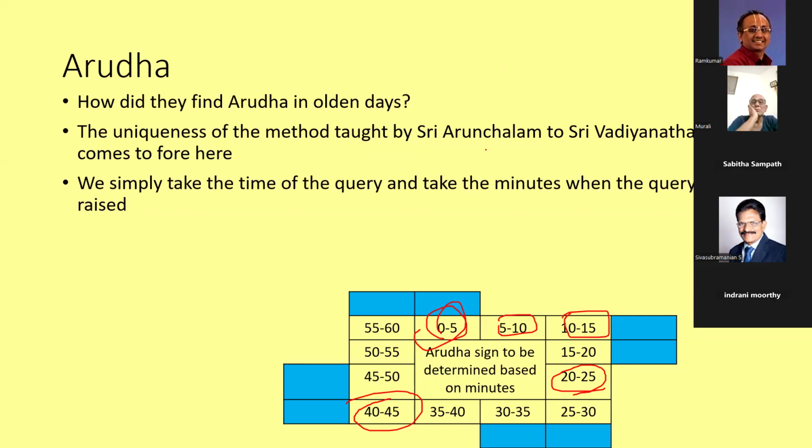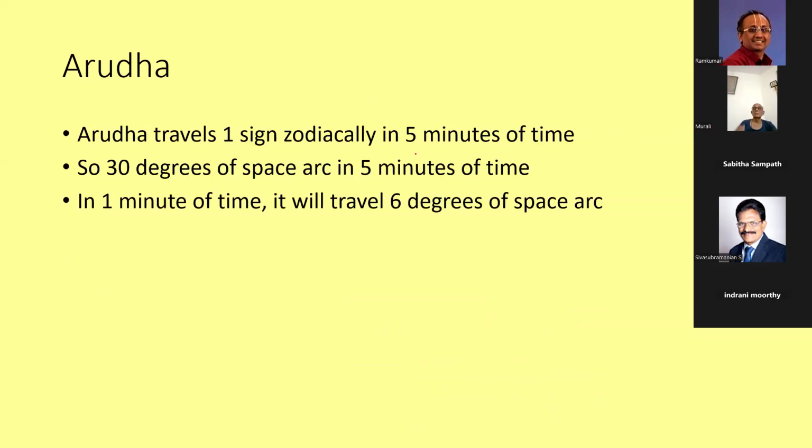Okay. Then we are assigning 5 minutes per sign. So what will happen here? Now apply the same logic. 5 minutes of time is 30 degrees of arc. So in 1 minute of time, how many degrees of arc will it travel? It will travel 6 degrees of space arc. Is this clear? Aruda will be zodiacal.